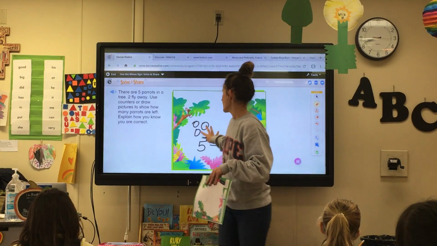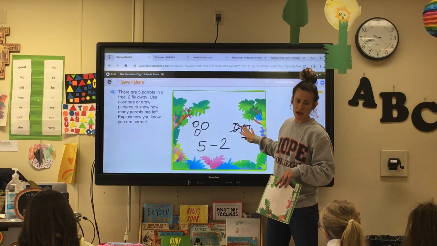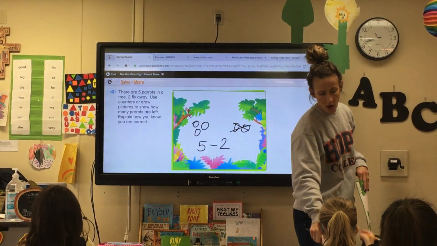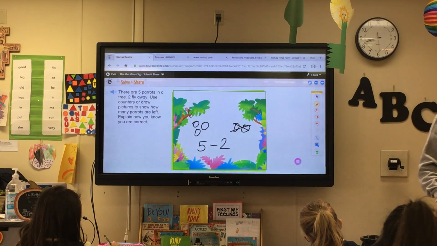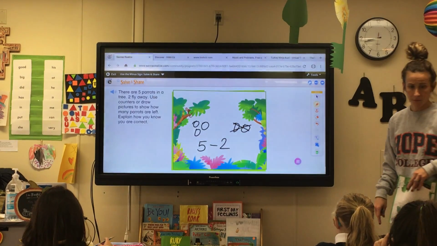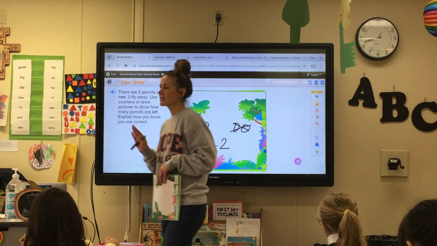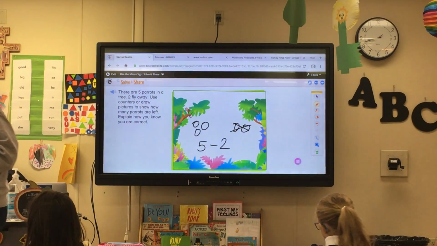So we have the 3, and then we can show 2 over on this side. Cross them off because those ones are leaving. And then how many are we left with? We're left with 3, right? So 5 minus 2 is 3. We're not going to write the equals for right now. We're fine with just doing 5 minus 2 just to show it.